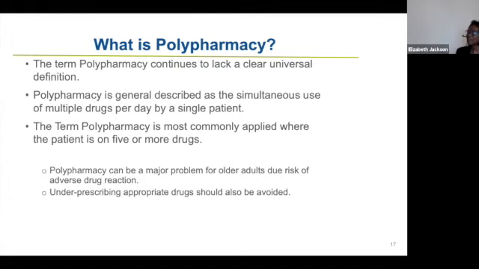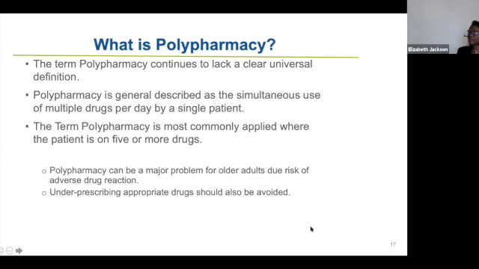So the term polypharmacy is most commonly applied when the patient has 5 or more drugs. Throughout the presentation, we're talking about polypharmacy. Just bear in mind, we're just using 5 or more as the most commonly applied term for polypharmacy, but it doesn't mean that if someone is on less than 5 medications, there's no polypharmacy. So keep that in mind.